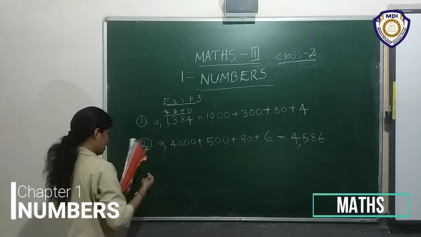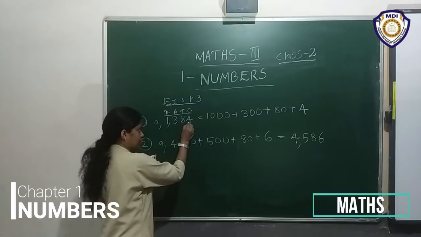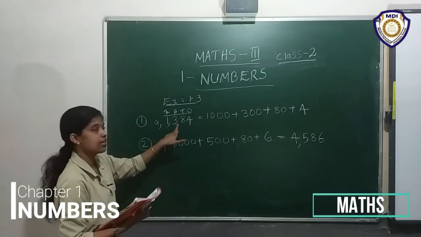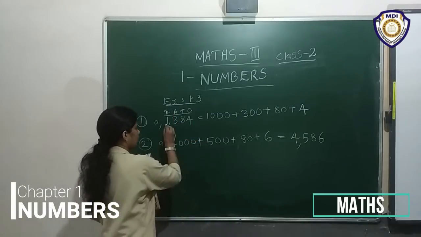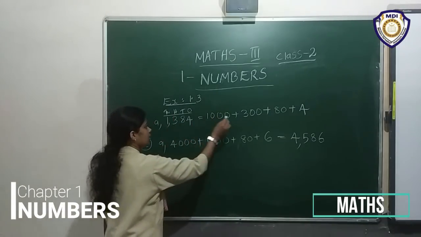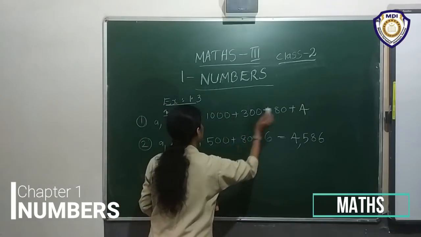First one is the expanded form. 1384. Write in expanded form: 1000 plus 300 plus 80 plus 4. Okay.